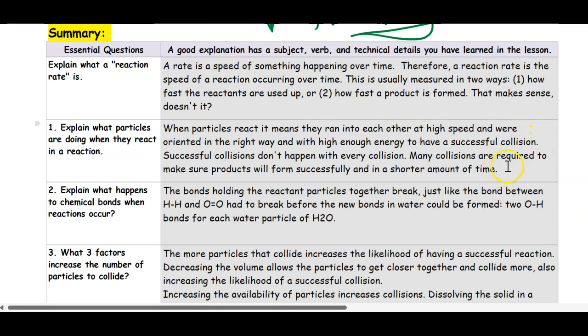When we don't want reactions to happen, like rusting, we want them to go slower. All right? So we can use the ideas we learned in this to either make a reaction occur faster, or to not provide the right collisions or the right possibilities to have corrosion occur at a slower rate.